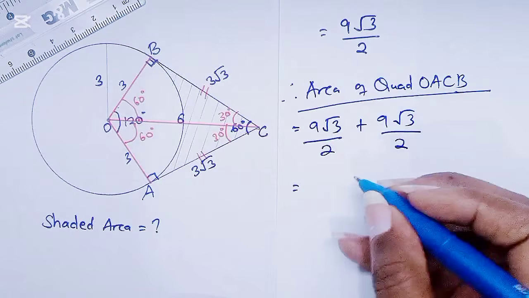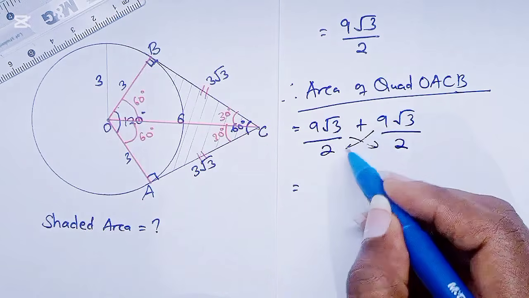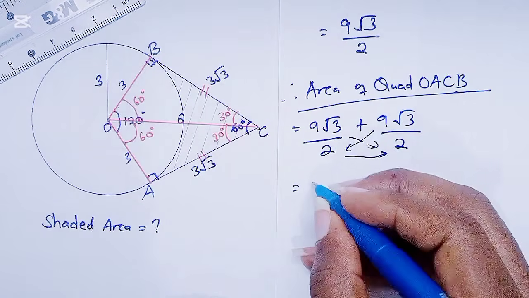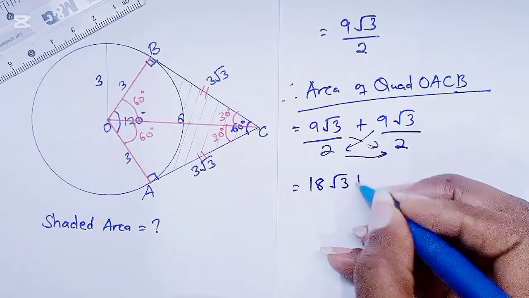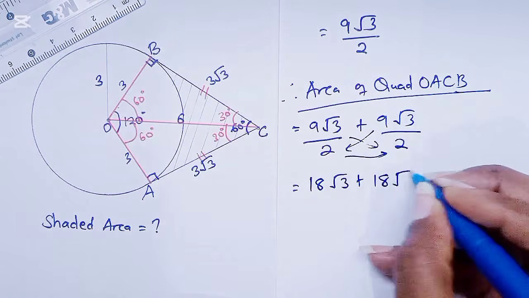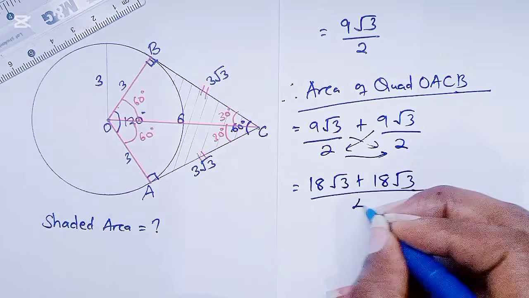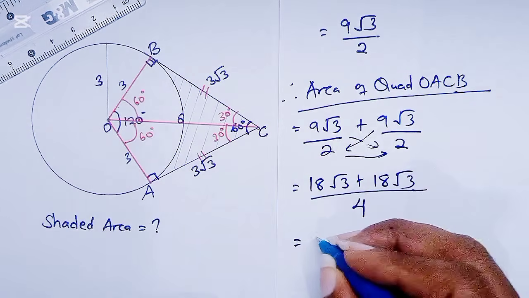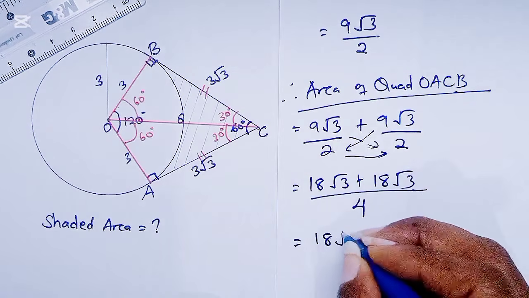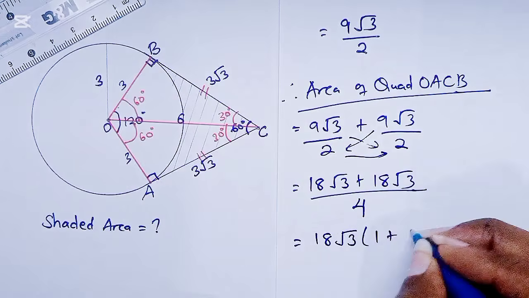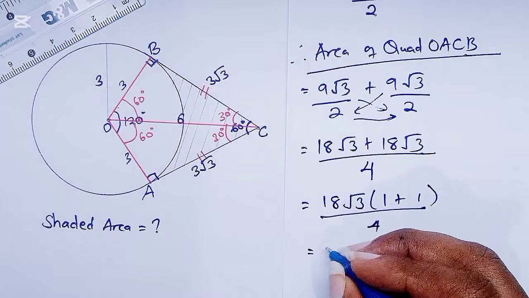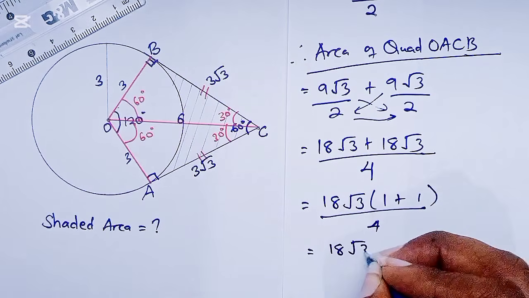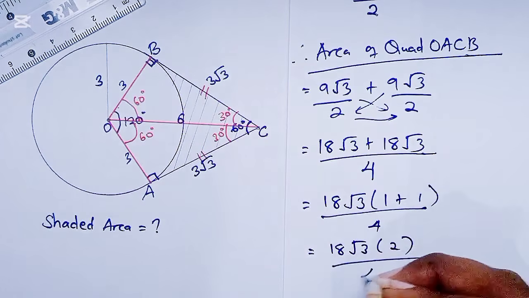so here, using crisscross, 2 times this is 18, so 18 root 3 plus 2 times this is 18 root 3 over 2 times 2 is 4. This gives us, we factor out 18 root 3 into 1 plus 1 over 4. So this is 18 root 3 into 2 over 4.